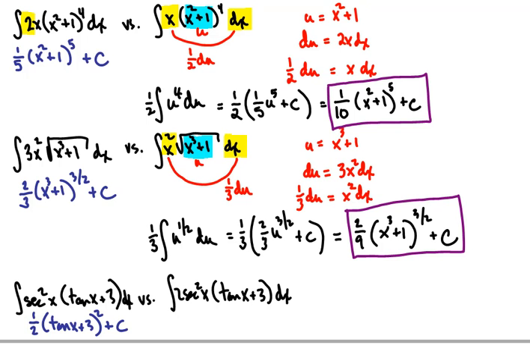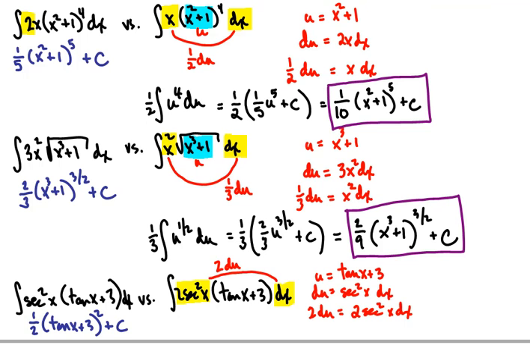And let's see if we get that using u substitution. So we let u equal tan x plus 3. And here we need 2 secant squared x dx. So we could actually multiply both sides by 2. And so now we have that 2 du is equal to 2 secant squared x dx.